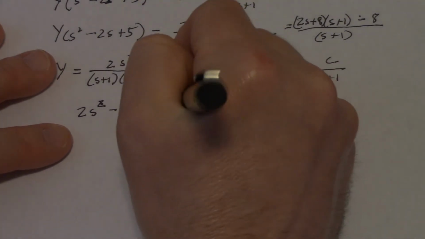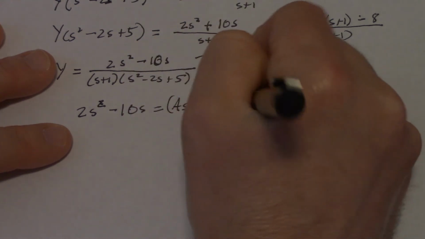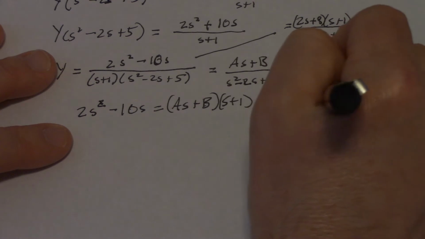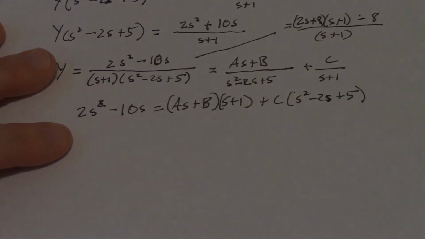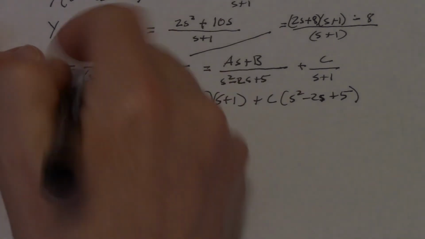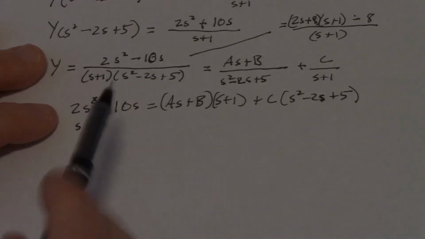Okay, so this is going to be as plus b times s plus 1 plus c times s squared minus 2s plus 5. Okay, so the nicest value is negative 1. And that's going to give me 2 plus 10.